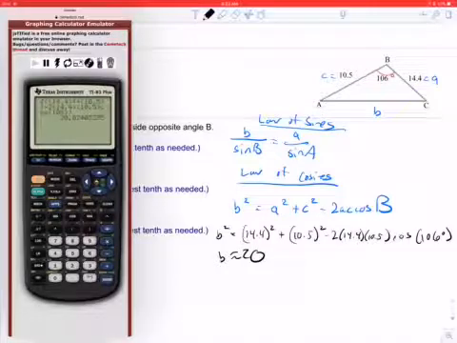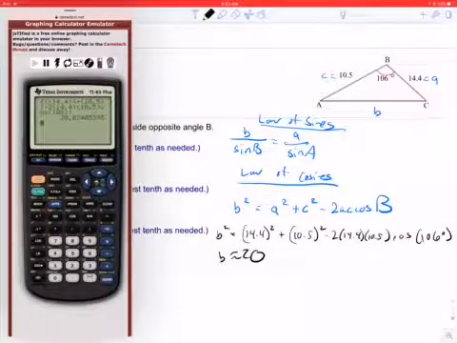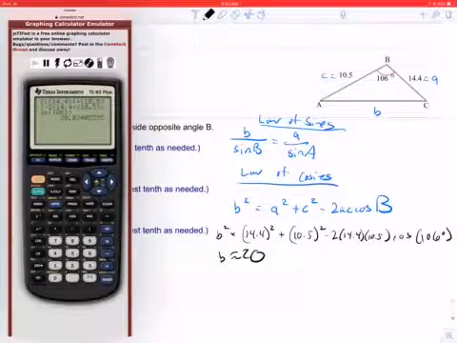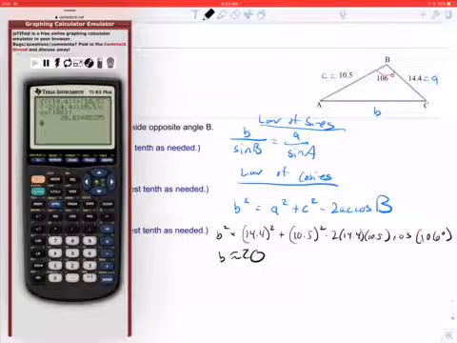From here, we could use the law of sines. I'm just going to use this exact result, or take the decimal out far, so that I can get as precise as possible.